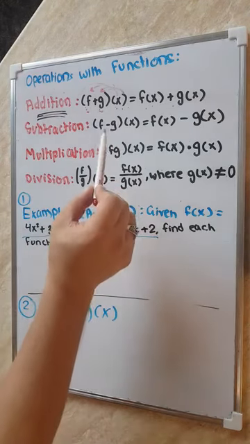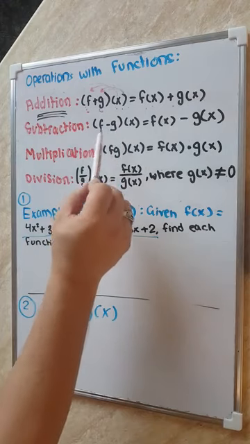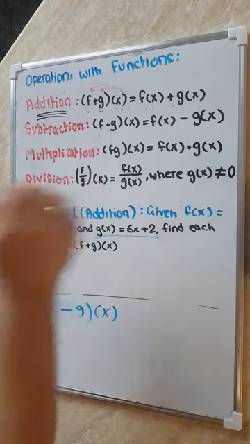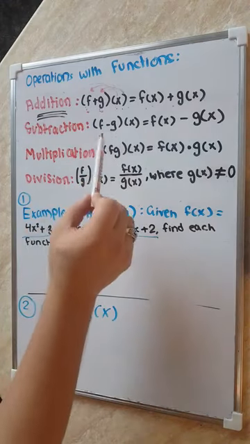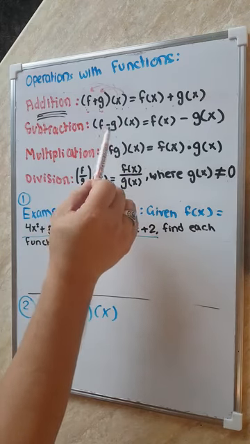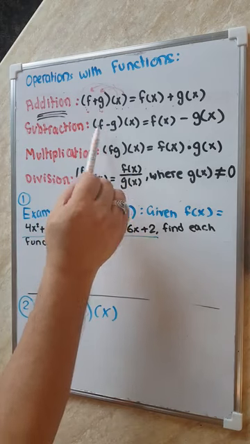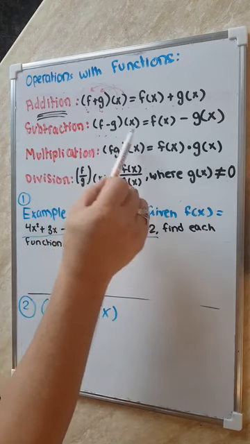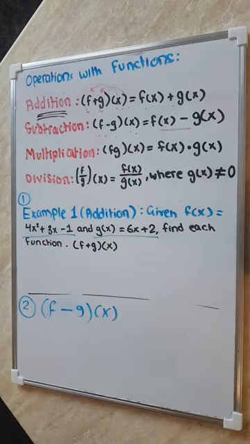The same for the subtraction. f is a function, g is another function of x. We can distribute x between the two functions, so it will be f of x minus g of x, and this is the subtraction of the two functions.